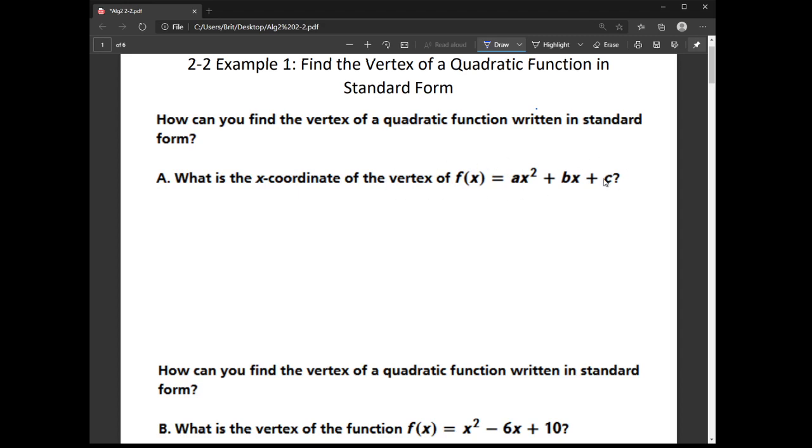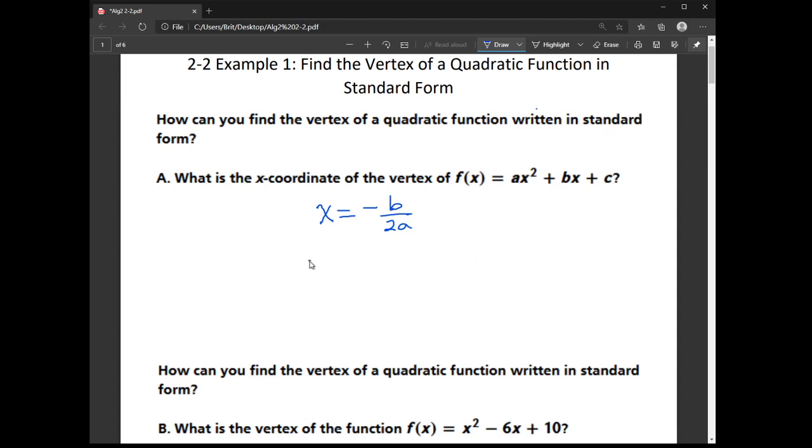The formula that we're going to use to help us is x equals negative b over 2a. Once you use that formula, that gives you the x value of your vertex. Now to find the y value of your vertex, you take that value, negative b over 2a, and plug it into the function.